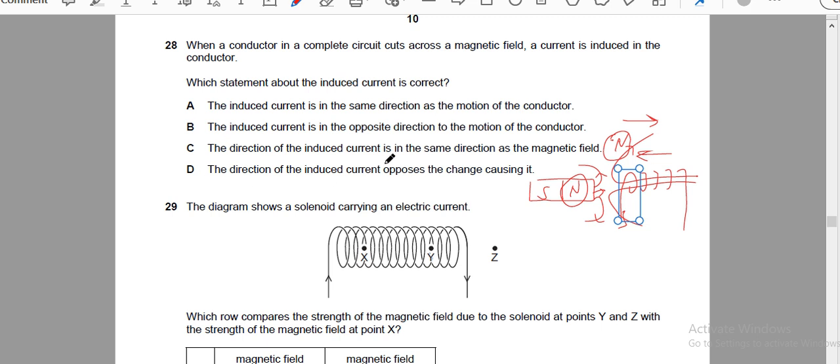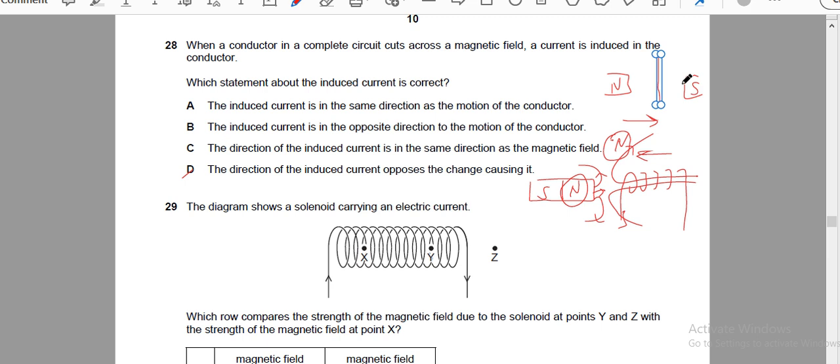This is correct. Ultimately correct. It is Lenz's law: direction of induced current opposes the changes causing it. However, we need to think about a conductor that's not a coil, a wire, in a magnetic field, just to imagine how to judge the three options.